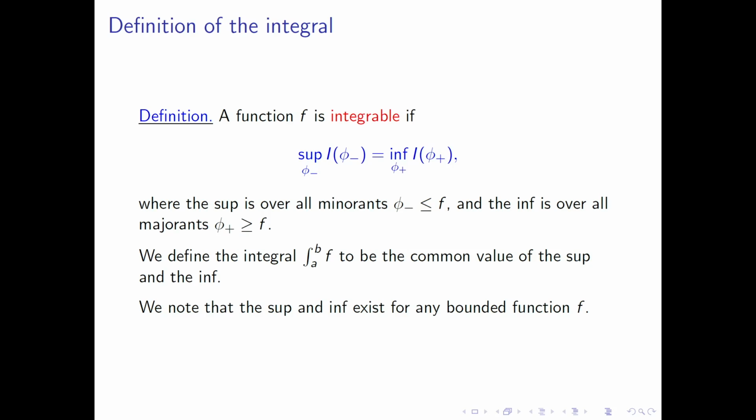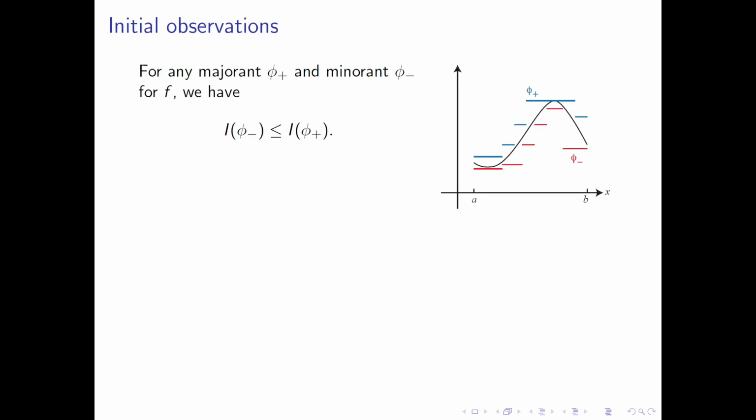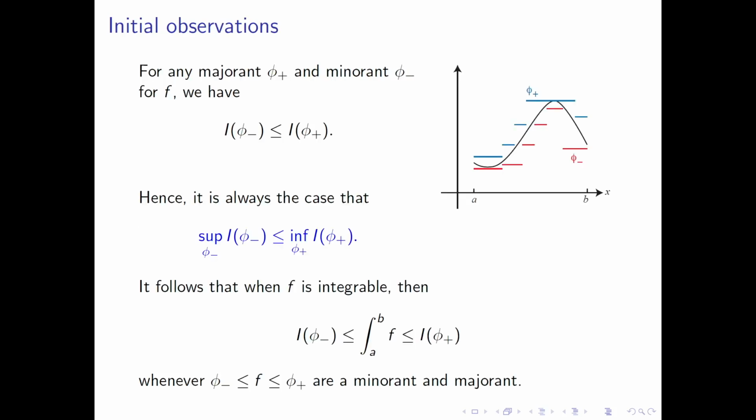And it's always the case, we proved this last time, that the sup is less than or equal to the inf. But exactly when they're equal, that's what it means for the function f to be integrable. And their common value is the integral of f. Okay, so we defined that last time.